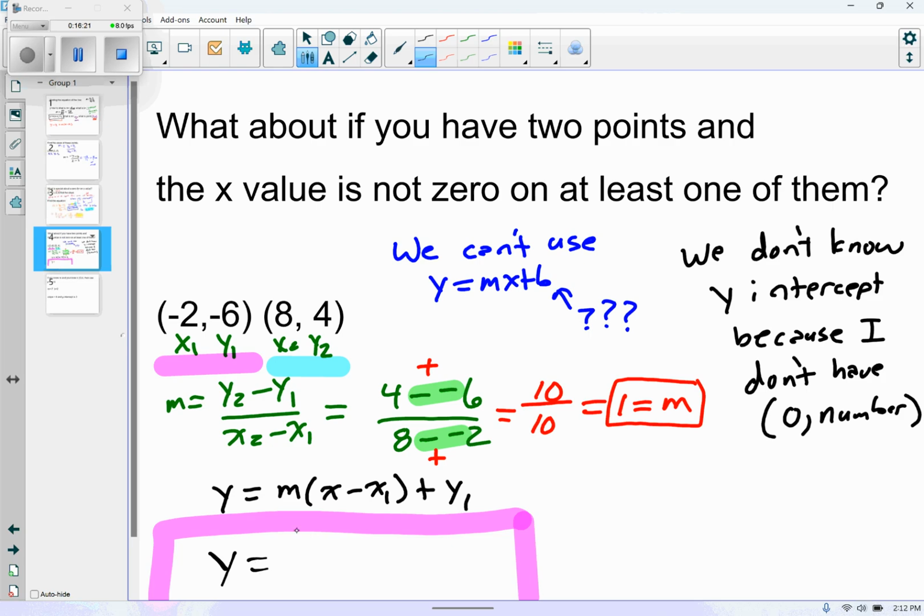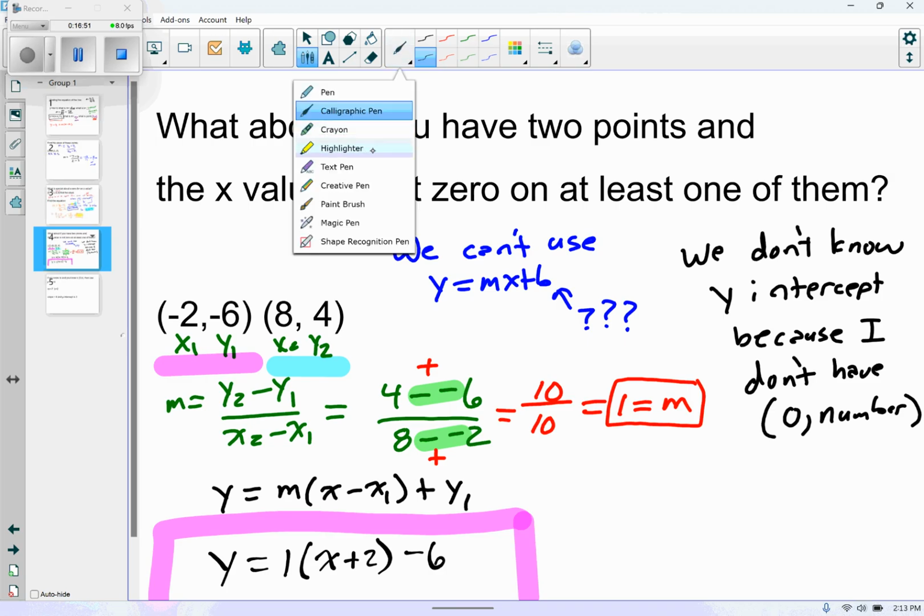It's red. 1, parentheses, x. What did I call x1? Look at the point. Negative 2. So minus minus 2, that's plus 2. Agree? Because it was minus minus. What did I call y1? Negative 6. Okay. That's our equation.